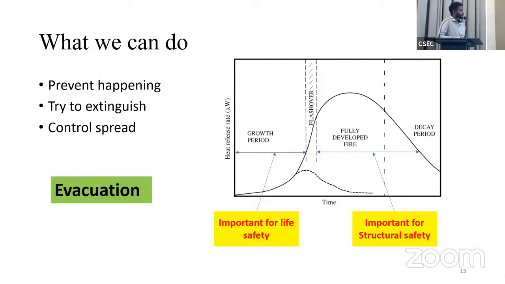All active fire protections are also effective within this fire growth period, before flashover. Then if we can't extinguish the fire, we will try to control the spread. If that is also not possible, we have to evacuate. However, it's better to evacuate when you realize there will be a fire.